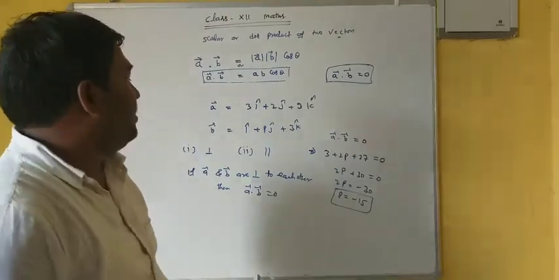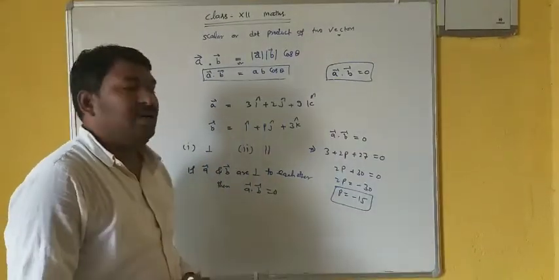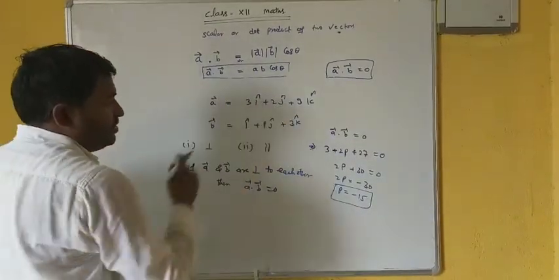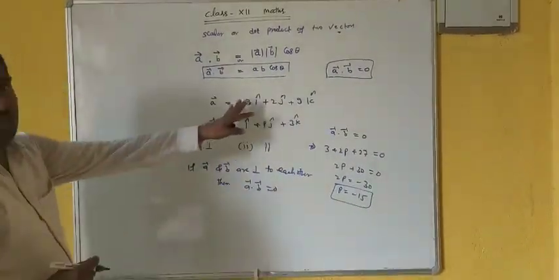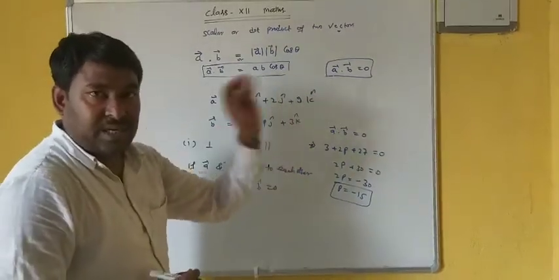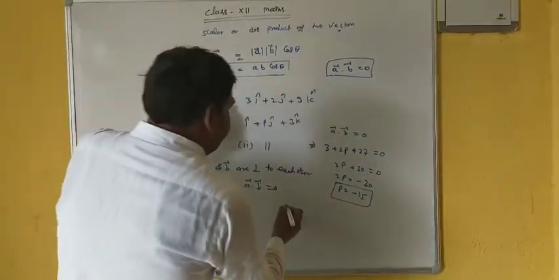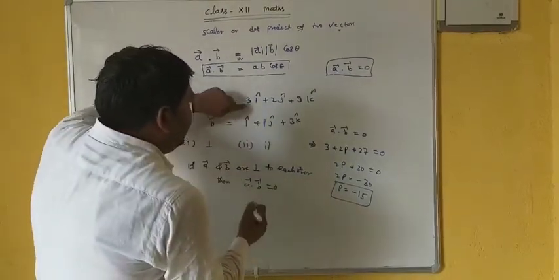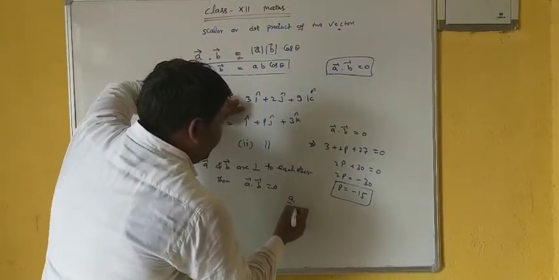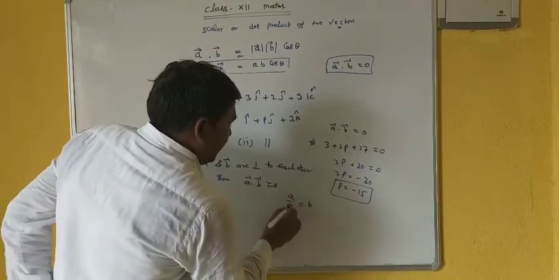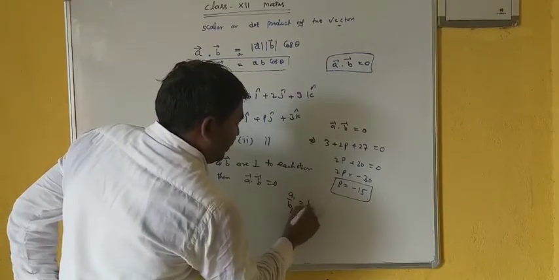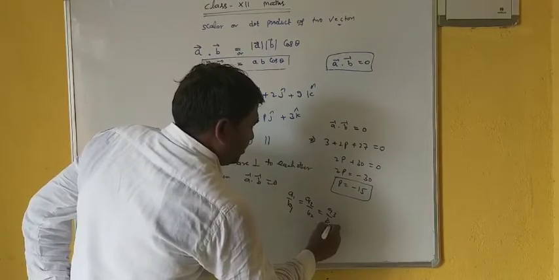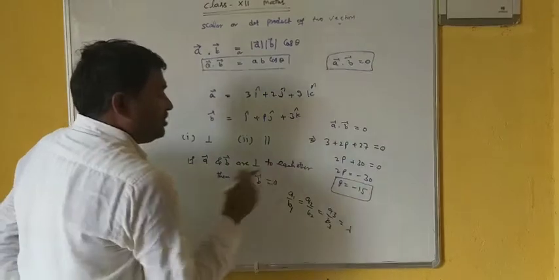Now what will be the value of p when they are parallel to each other? Since we know the condition that if two vectors are parallel to each other, then the ratio of coefficients of i, j and k are equal. So by the condition of parallelism, a1 upon b1 is equal to a2 upon b2 is equal to a3 upon b3, which should be equal to lambda, a constant value.